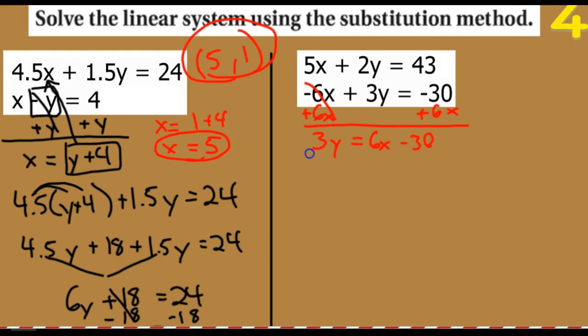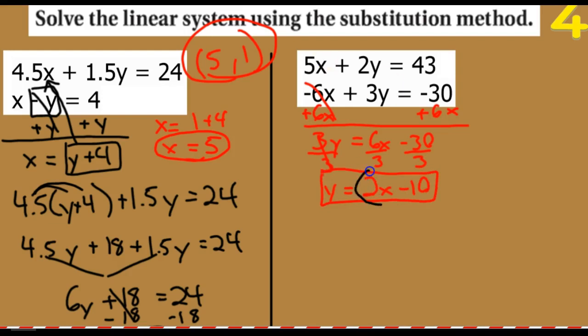The y is not by itself, so I'm going to divide by 3, and we get y equals 6 divided by 3, which is 2x, negative 30 divided by 3, which is negative 10. So y equals 2x minus 10.